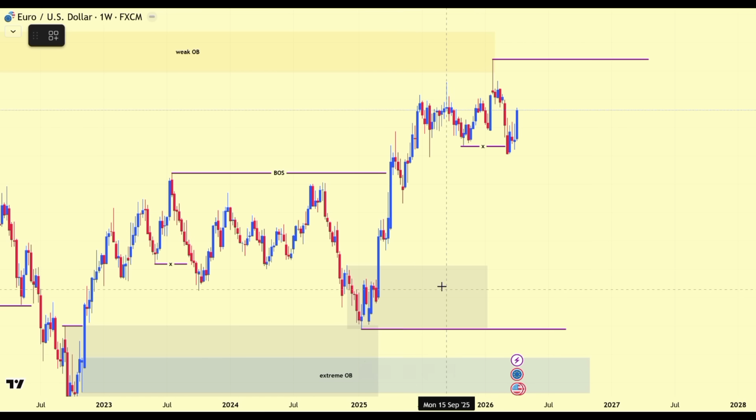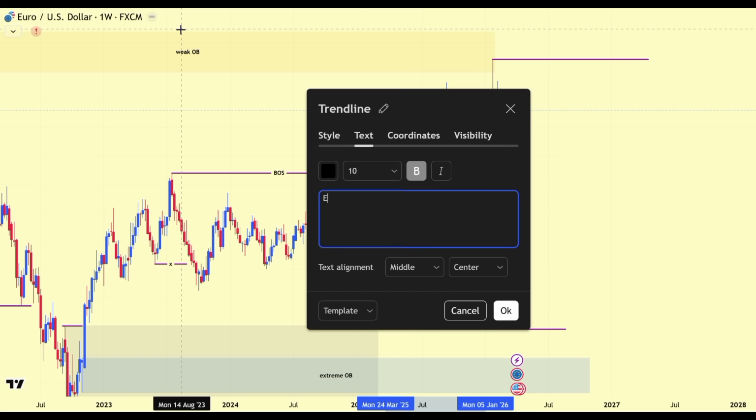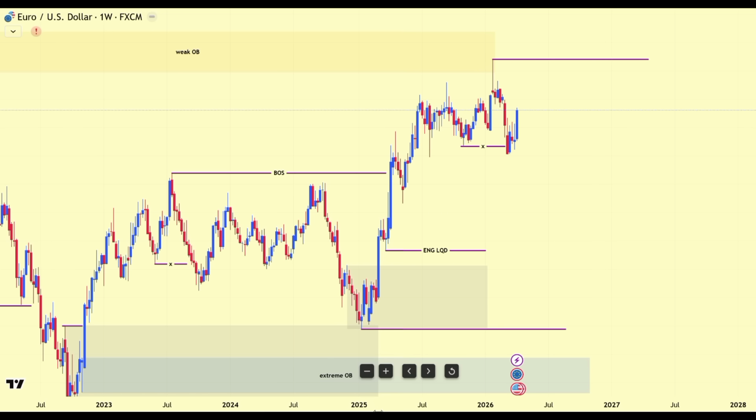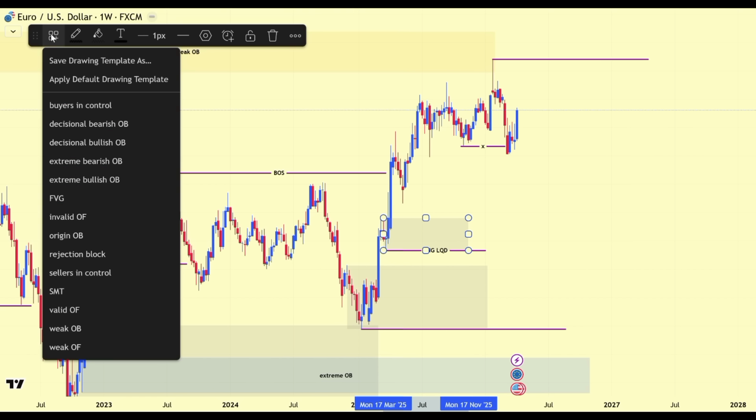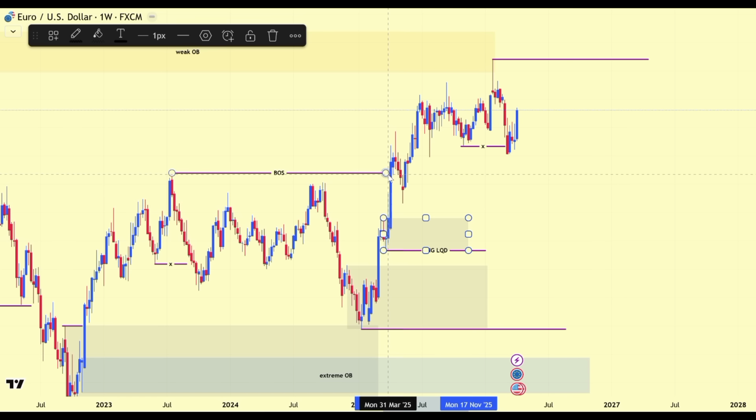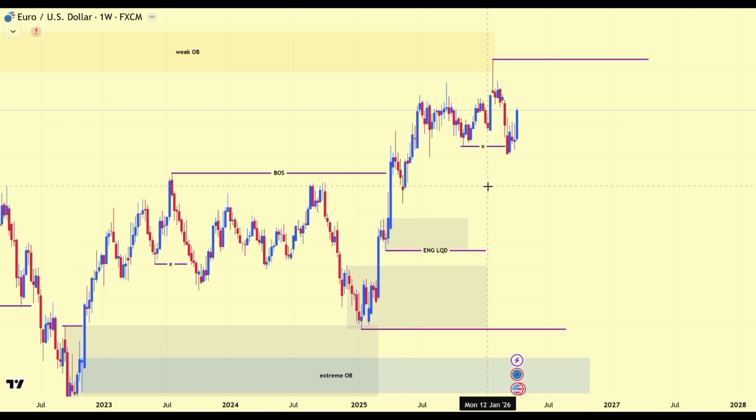The sell side liquidity right before it, so of course the engineering liquidity, so let's mark that. And of course the decision order flow is none other than this one here, as it is the swing or the opposing move before that buying displacement that heads higher all the way towards this break of structure.